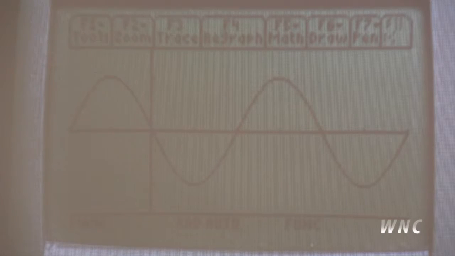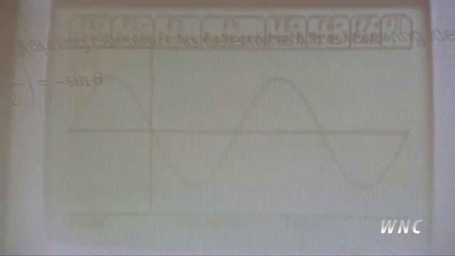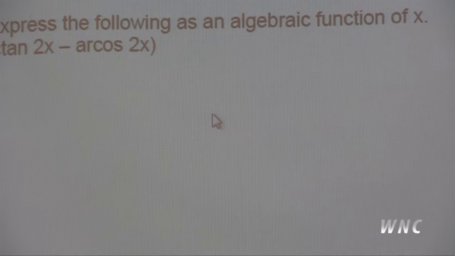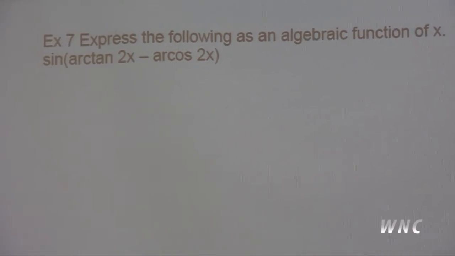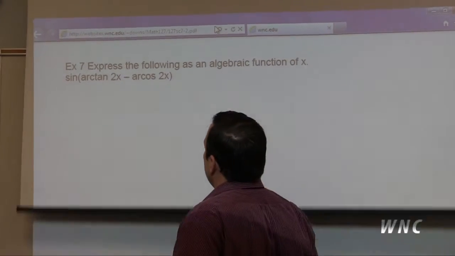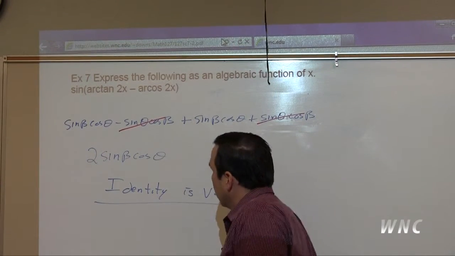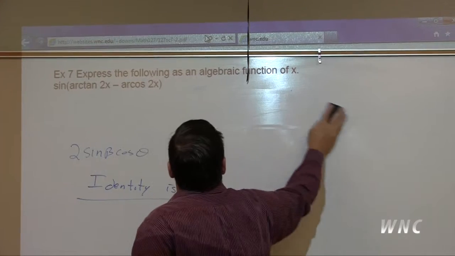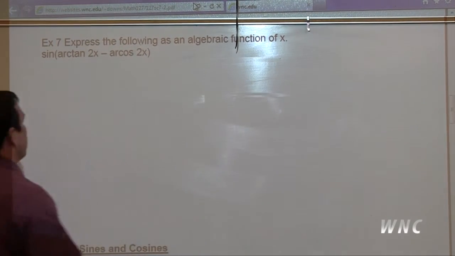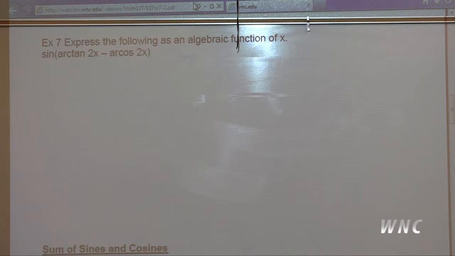Okay. I'm going to go on to example 7. Express the following as an algebraic function of x: sine of arctangent 2x minus arc cosine 2x.